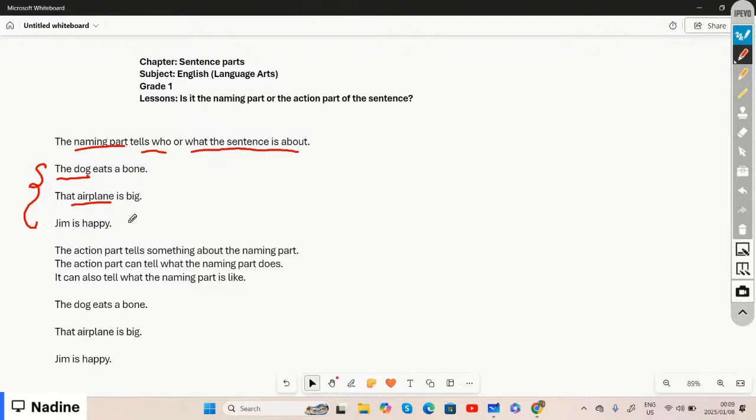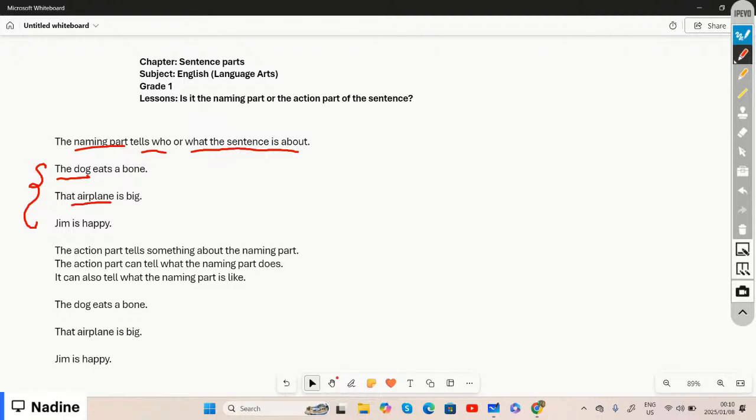And then the next one says, Jim is happy. Remember, the naming part tells us either who is doing something or what is doing something within the sentence. So it's either the name of a person, or a thing, or an animal that is doing the action. If we look at the last one, it says Jim is happy. We need to identify the naming part within that sentence.